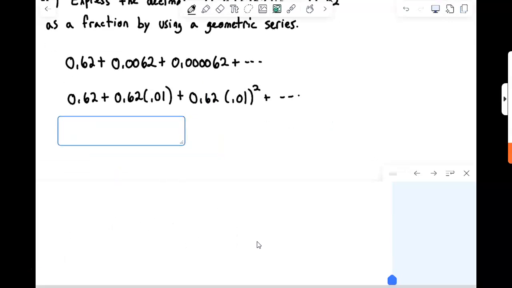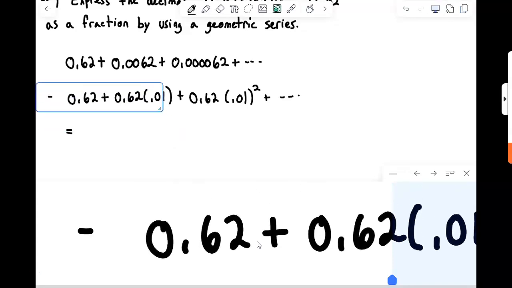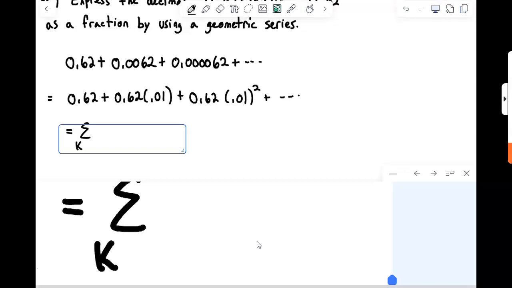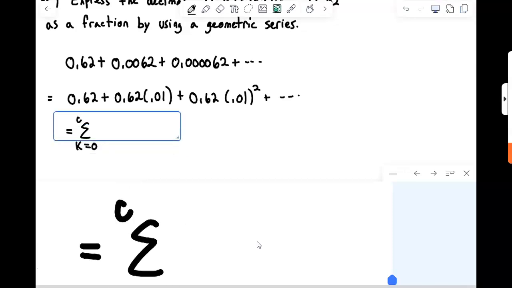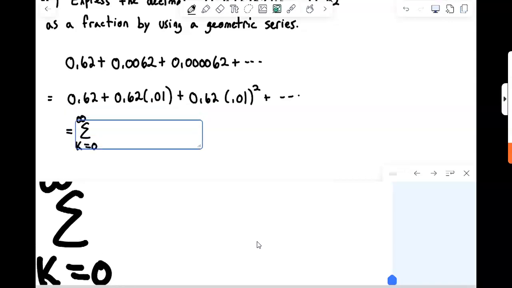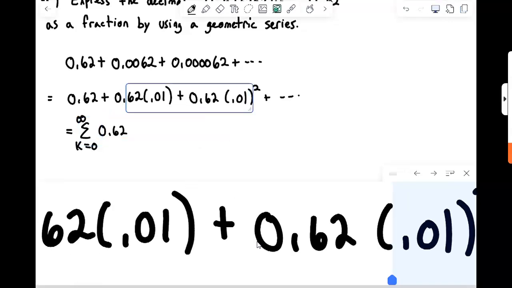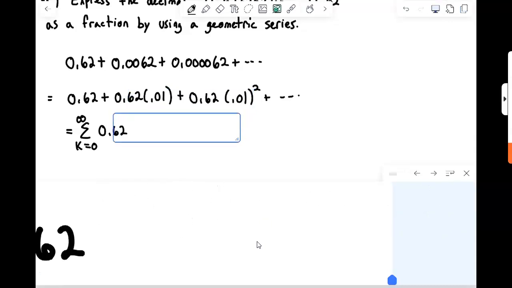So we can write this then as the sum as k goes from 0 to infinity, where a is that 62 hundredths, 0.62, and the ratio is just 0.01.